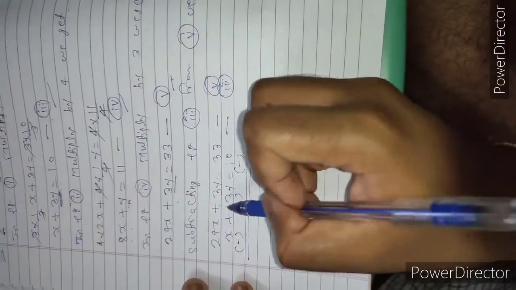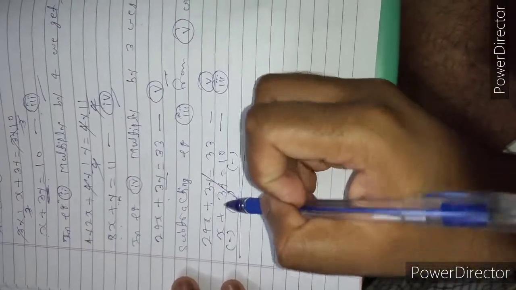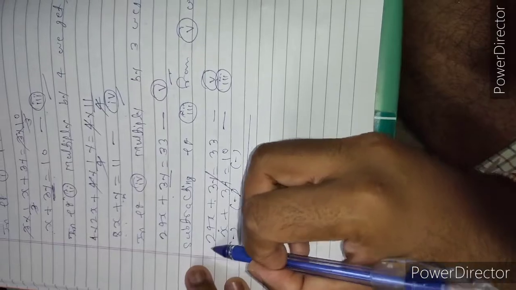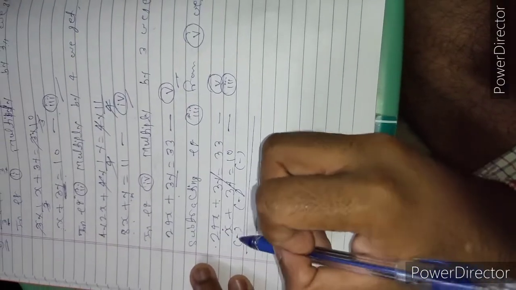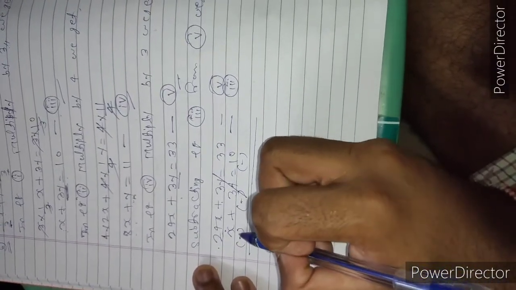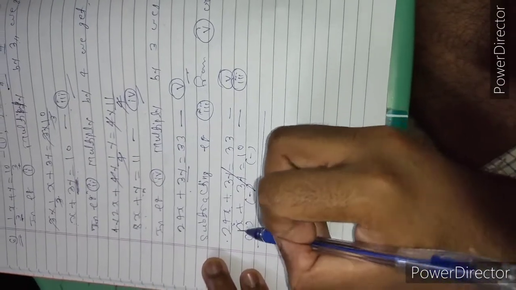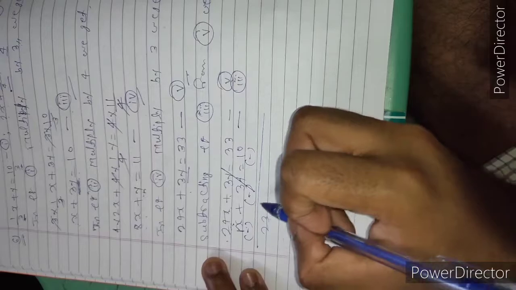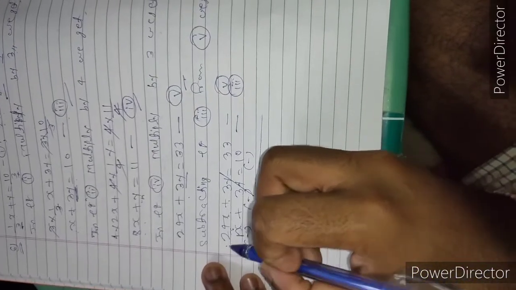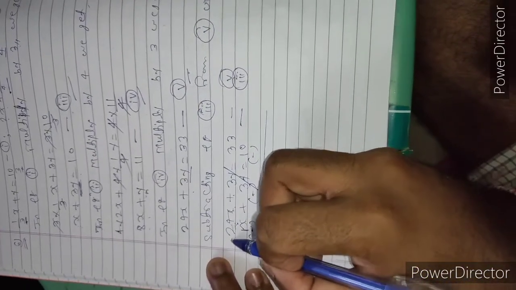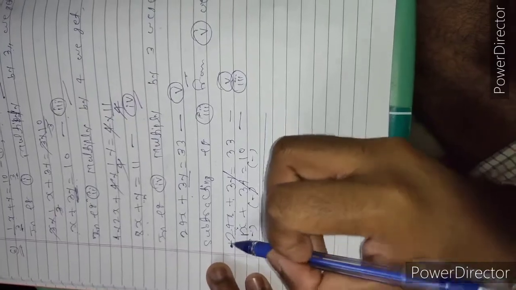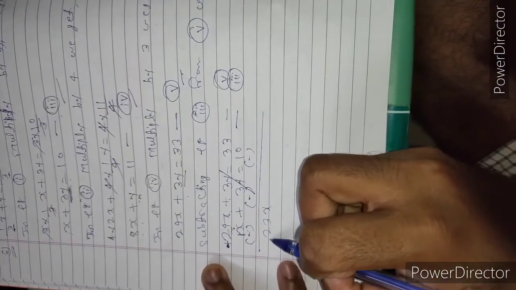So plus 3y minus 3y will get cancelled. This is plus 24x and minus x, so 24x minus 1x, it becomes 23x. The sign of the bigger number, here the bigger number is 24, its sign is plus, so we don't have to denote the plus sign.